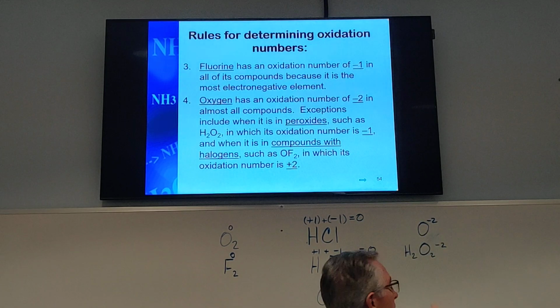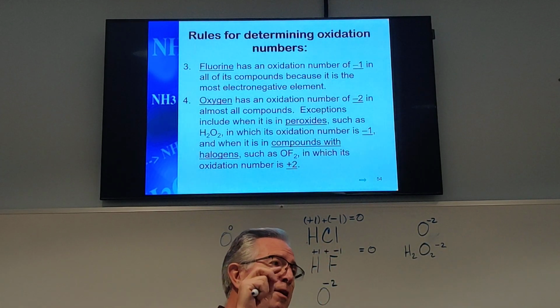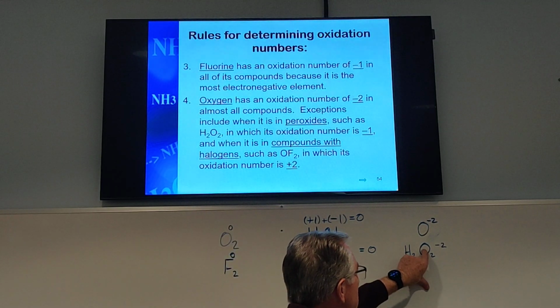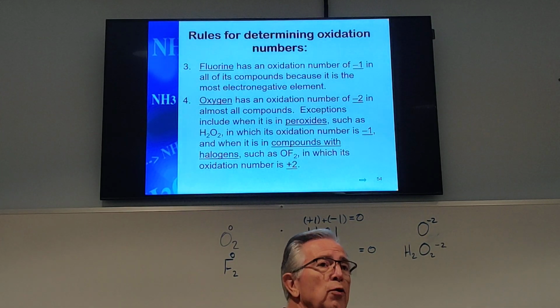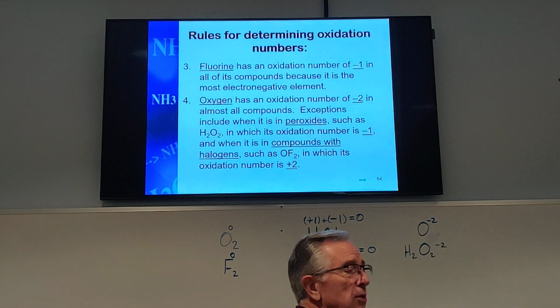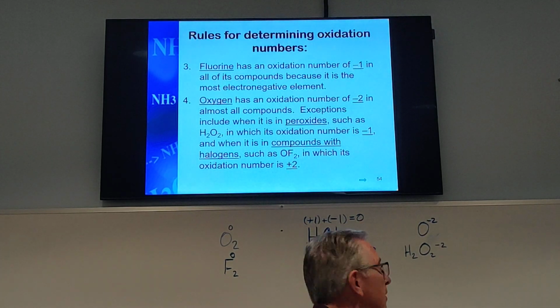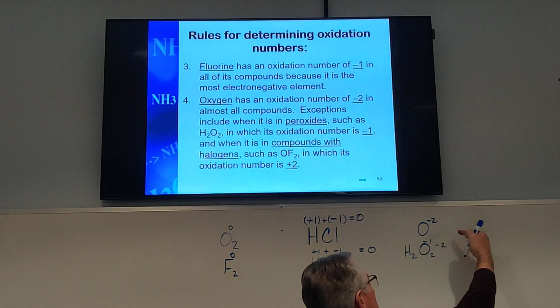So that means that each oxygen, because remember oxidation numbers, we're talking about each atom. So then what would be the oxidation number for each atom of oxygen then? If two of them together is -2, each one has to be what? -1 then, right? So this one is -2 when it's an oxide.